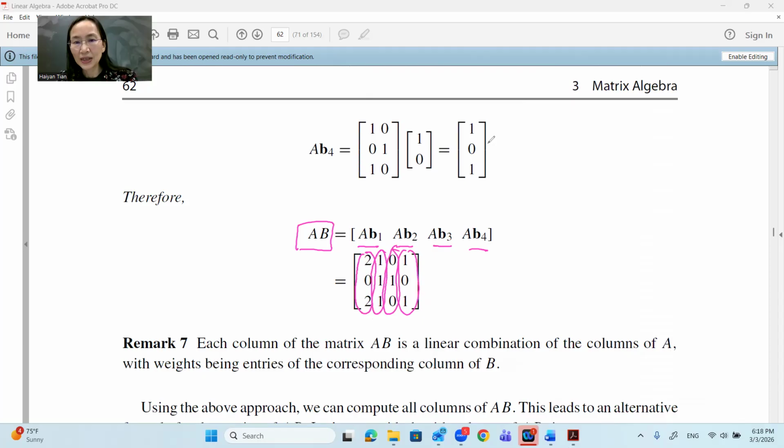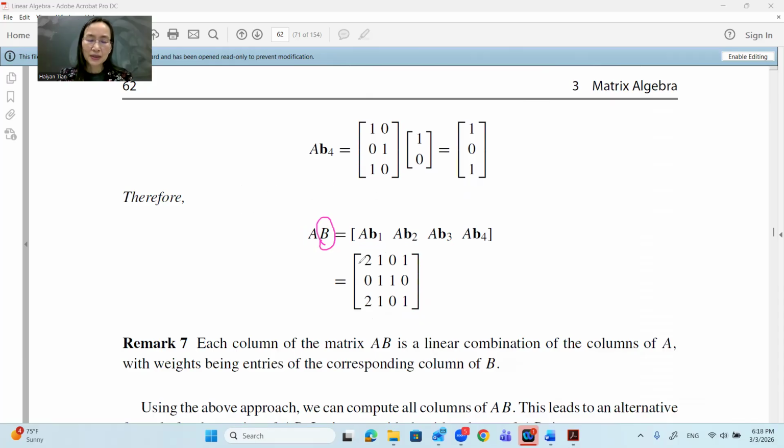So we put all these together. You see the AB4, right? That's here. That's the A times B4. So as long as you use proper notation, that can make your work very simple and clear.